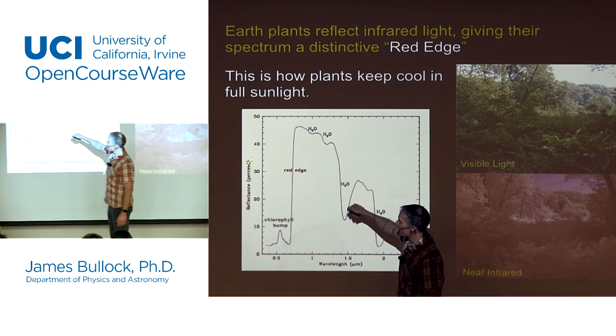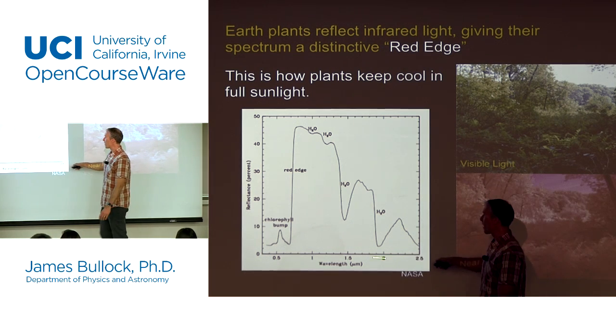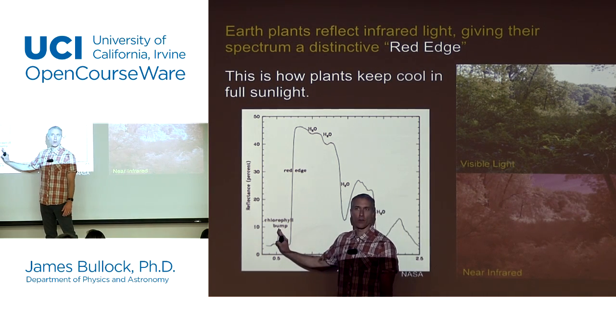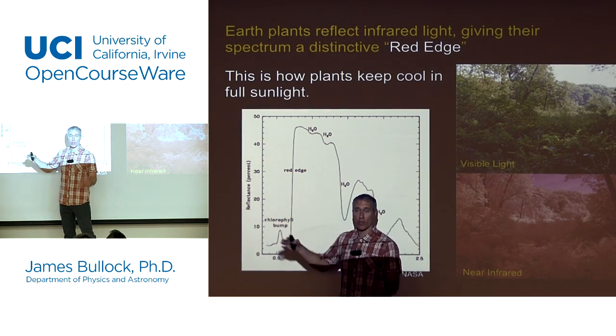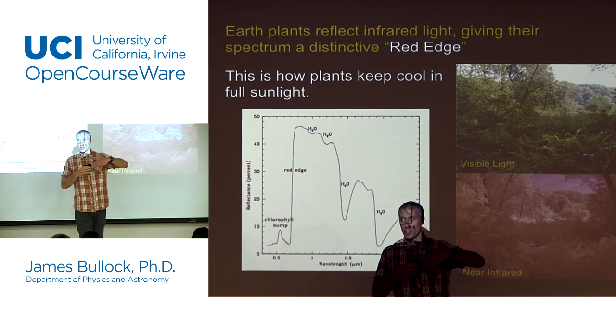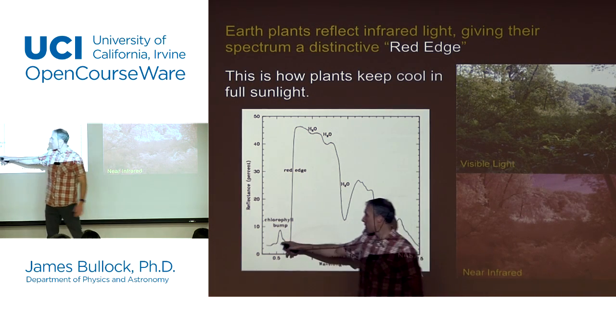This is the reflectance of plants, basically, as a function of their wavelength. And you can see that there's a bump right here. This is green. So it's reflecting mostly in the green. That's the chlorophyll bump. That's chlorophyll absorbing the red light and the blue light, using that for photosynthesis and spitting back out or reflecting back out the green light. That's what this bump is.